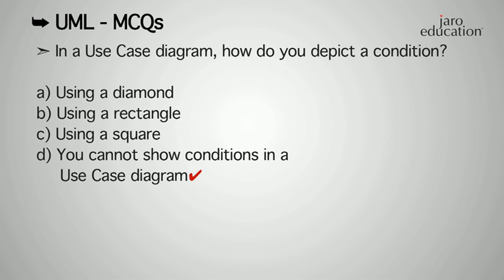A use case diagram is used to represent each individual functionality or feature of the system and which actor is interacting with which use case. You are not getting into the details of each use case, saying how it works and what are the different things going on in that use case. You're basically having one diagram which will have many use cases and how actors interact with them. So you cannot actually depict conditions in a use case diagram.